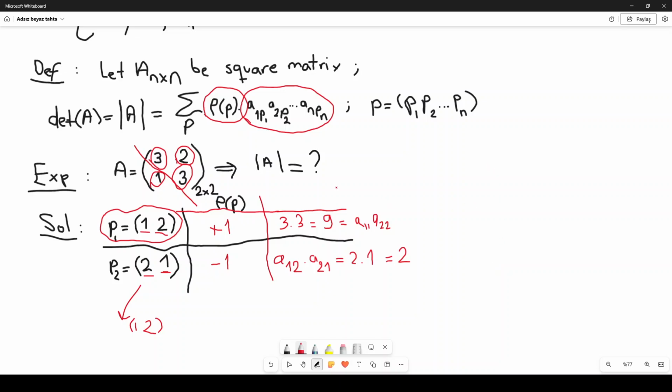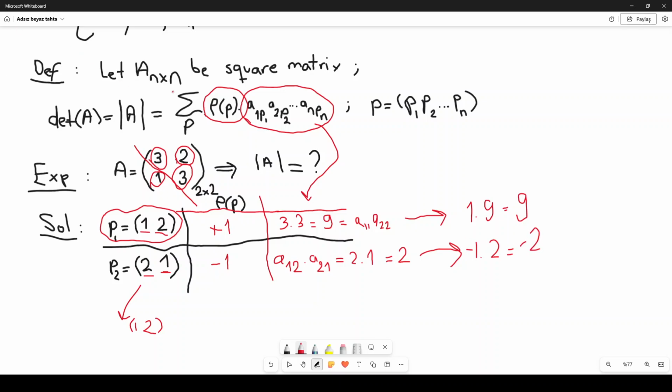Okay, and then I compute the multiplication, but I'm not done yet. I also multiply the sign with the result of this multiplication. So this part is the third column: we have plus 1 times 9, which is equal to 9, and minus 1 times 2, which is equal to minus 2.